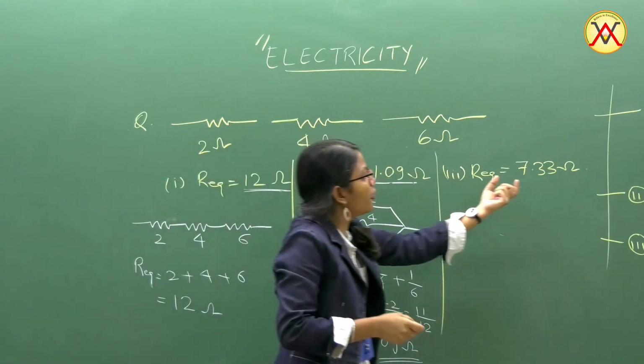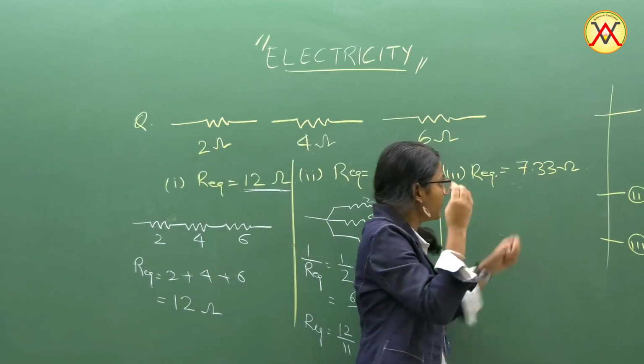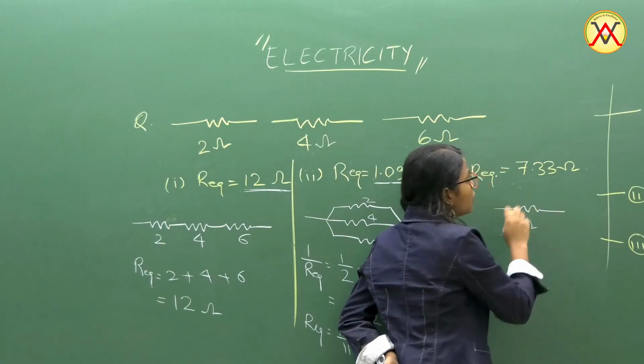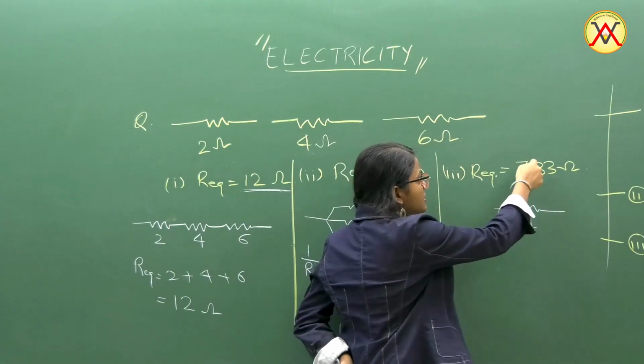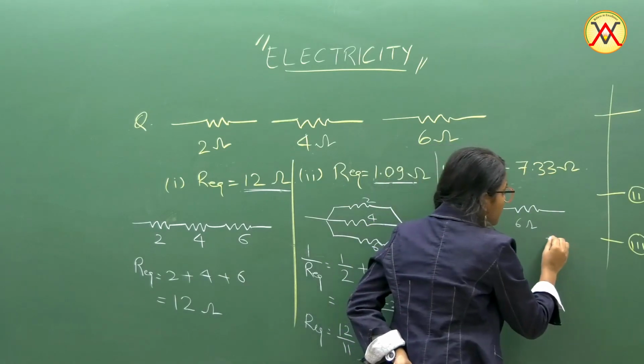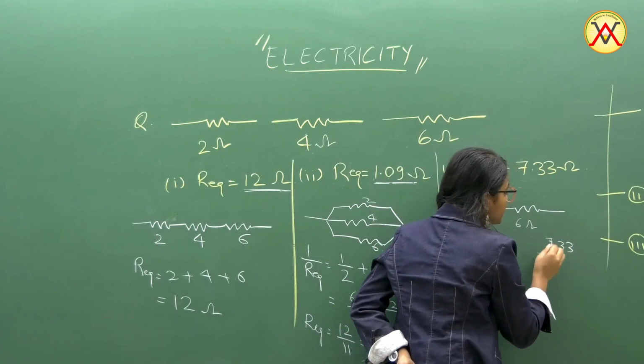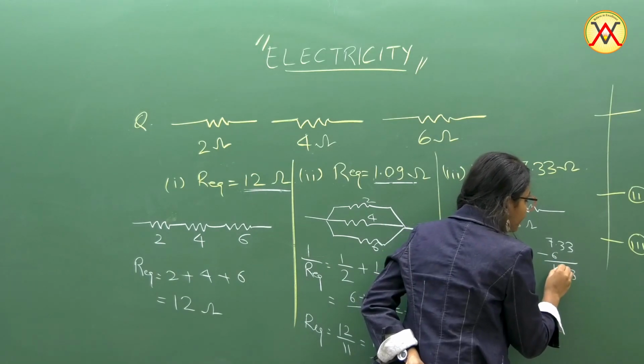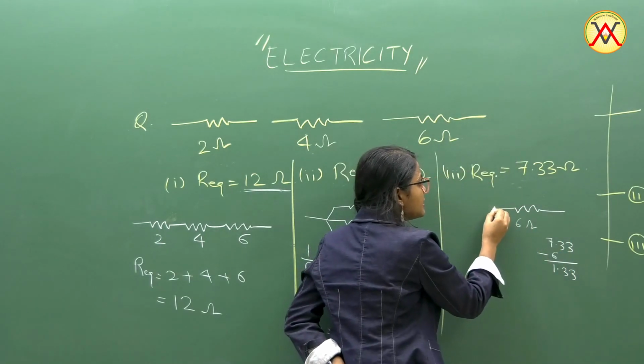But here our resultant is 7.33. If I am keeping my 6 ohm in series, that means from our total resistance 7.33, if you just subtract 6, we'll get 1.33 because 6 is in series.